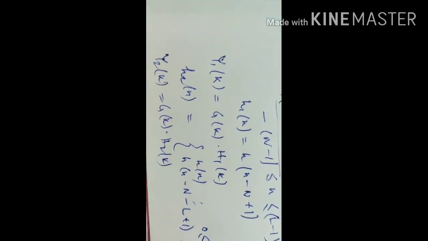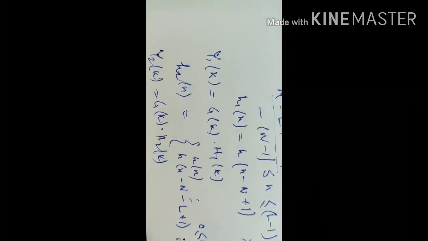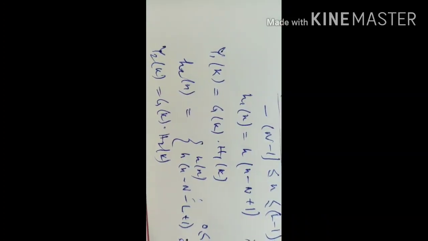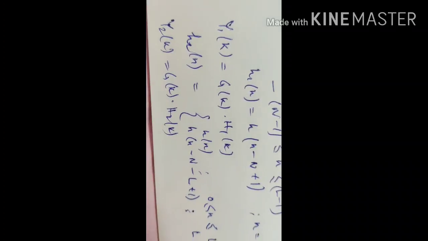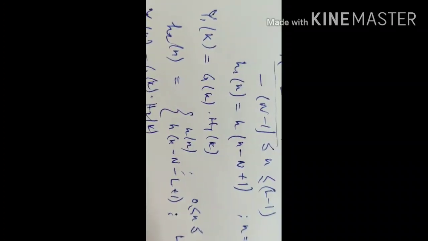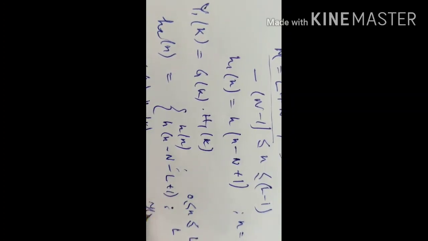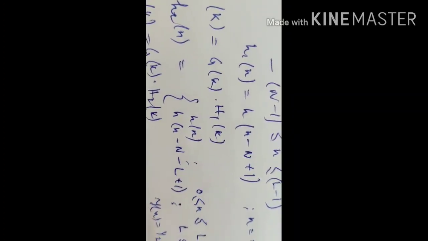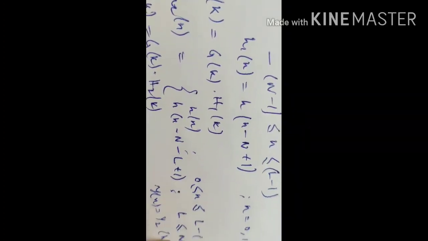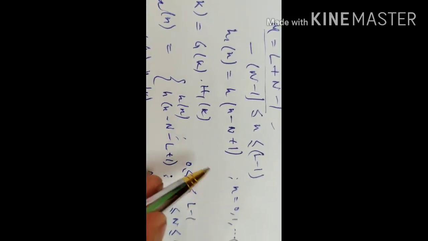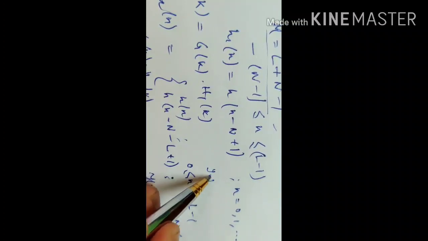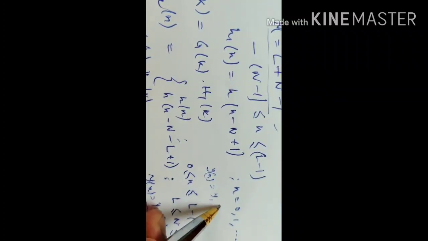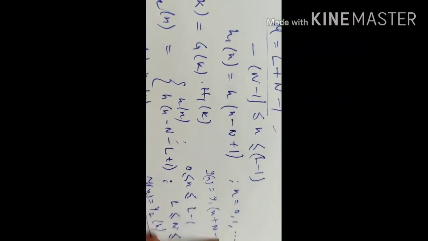The IDFT of the sequence is found, and so the desired value yn equals y2n, and here the yn found will be y1n plus n minus 1.